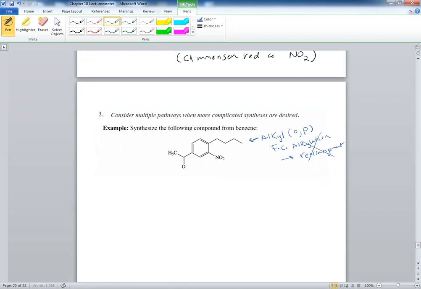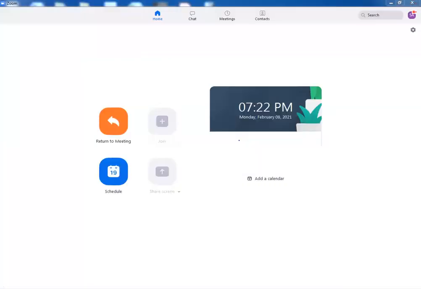So you go from activating to deactivating. For example, after you add the alkyl group, you should add the acyl group and then the nitro, because it's the most deactivating group. It's going to interfere with your Friedel-Crafts reaction. So let's take a look at that.